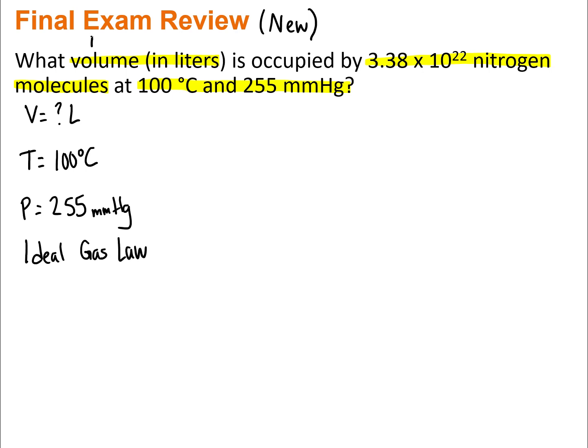So the first step in this is going to be taking the number of molecules and converting to moles. Then use the ideal gas law. And we'll solve for volume.